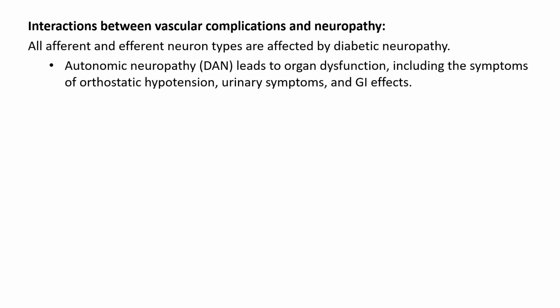The sensory branch of this also monitors what's happening in terms of the body. So autonomic neuropathy is going to lead to organ dysfunction and the symptoms of orthostatic hypotension, urinary symptoms, and GI effects.